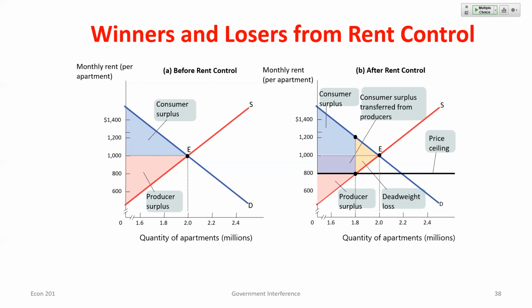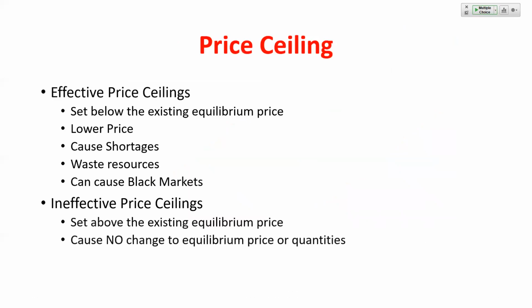Over time, maybe if demand and supply shift, eventually it will be what we call a binding price ceiling. Maybe eventually the equilibrium price would go past that 1,200. But as of right now, the equilibrium price is 1,000. Setting a price ceiling above that does no good. So ineffective price ceilings are when you set it above the equilibrium price and it causes no changes to the market.